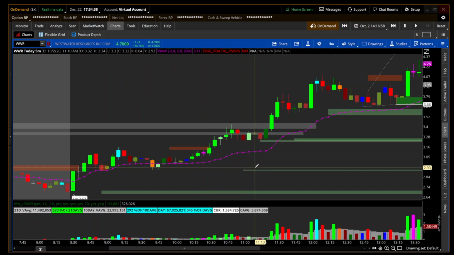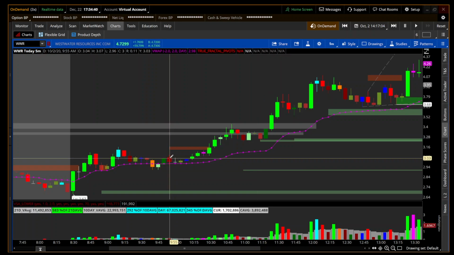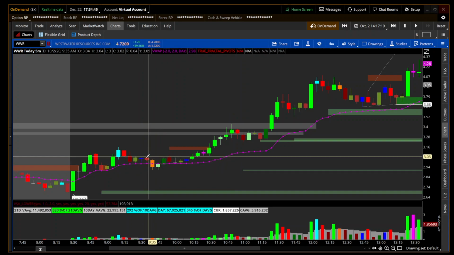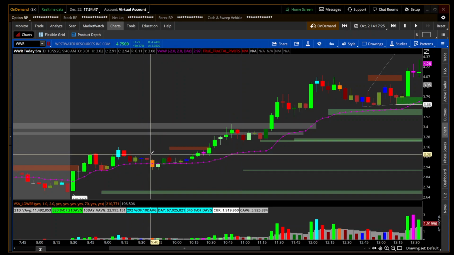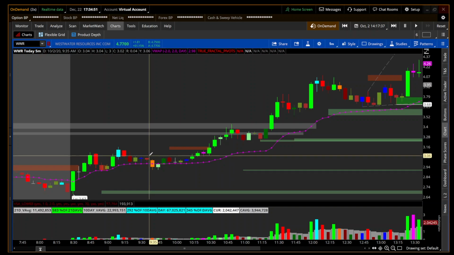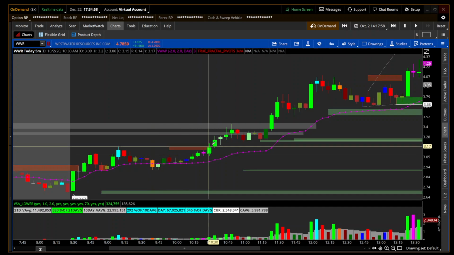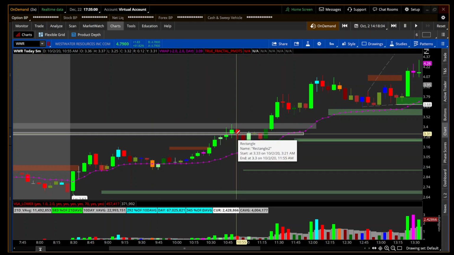Same situation with the red candles. You'll get the dark candles for below average, this little brick color candle for way below average trading volume, this orange candle is high volume, and the bright red is ultra high volume.